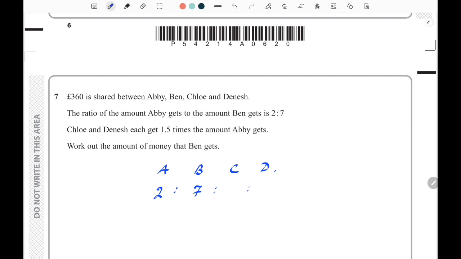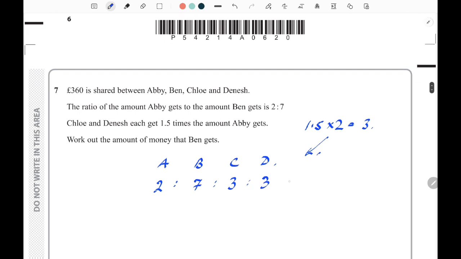All right. So if Abby gets 2 parts, then 1.5 times 2 is 3. So each of them get 3 parts. Okay, and so the total comes out to be 9 and 6, 15.